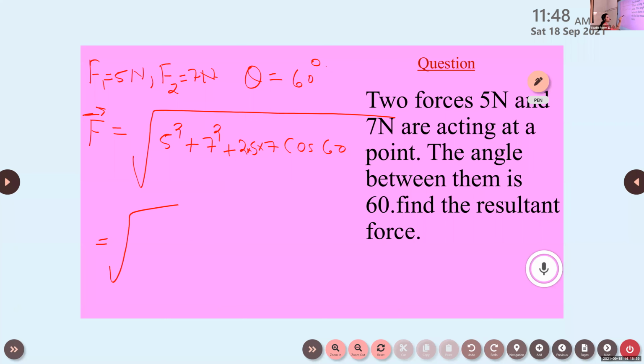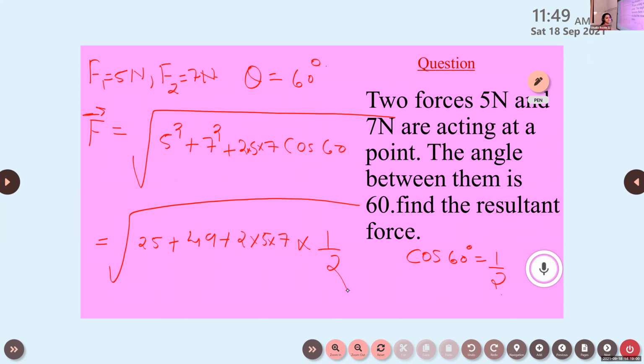That is root of 25 plus 49 plus 2 into 5 into 7 into cos 60. What is the value of cos 60? It is 1 by 2. So instead of cos 60, we can write 1 by 2.